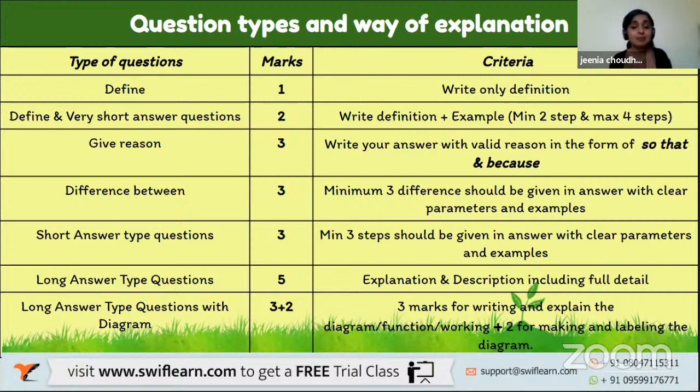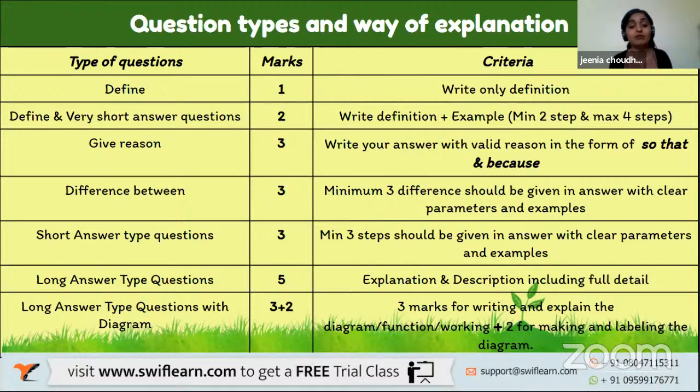So firstly, the 3 marker inside a 5 marker, where you are going to write down the proper explanation with the help of a diagram. So your explanation should be supported with a well-labeled diagram. Until and unless your diagram is labeled, you cannot get the entire full marks over there.